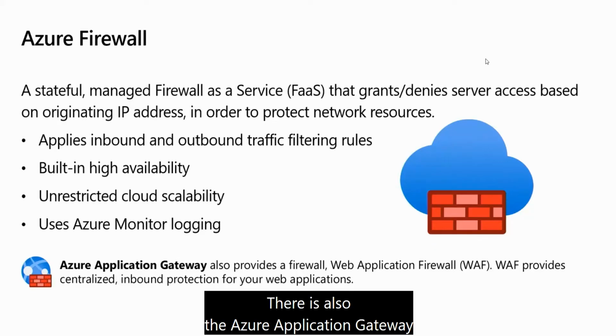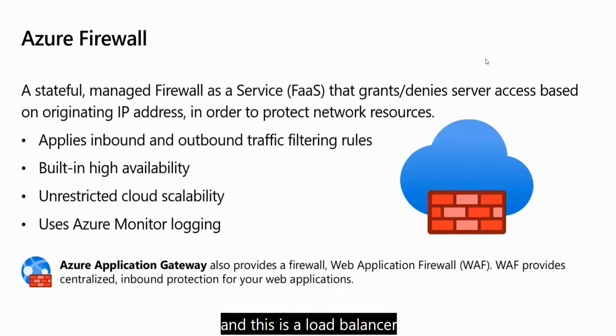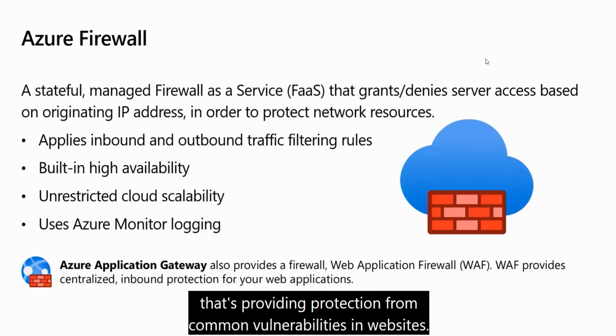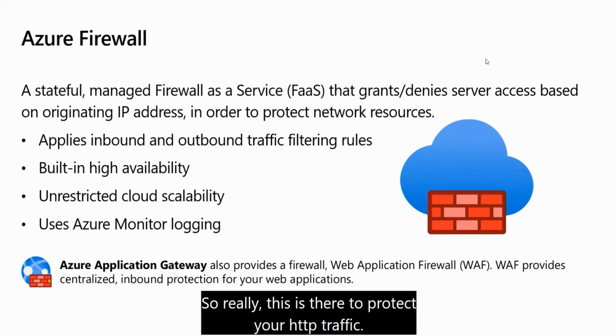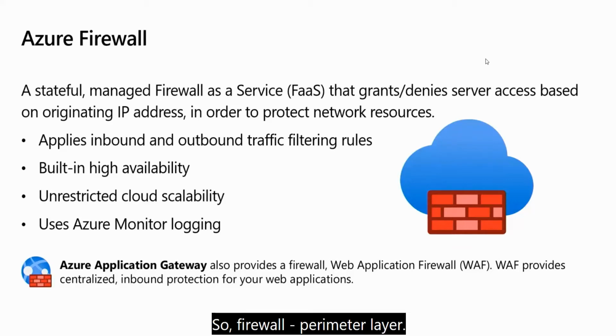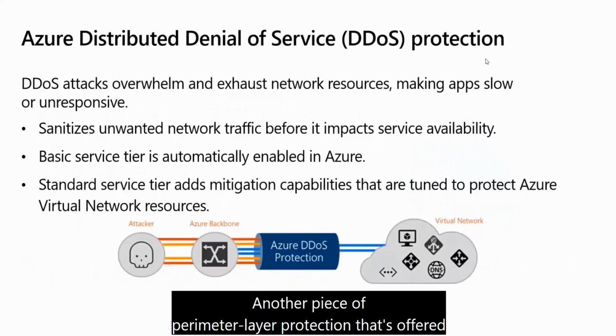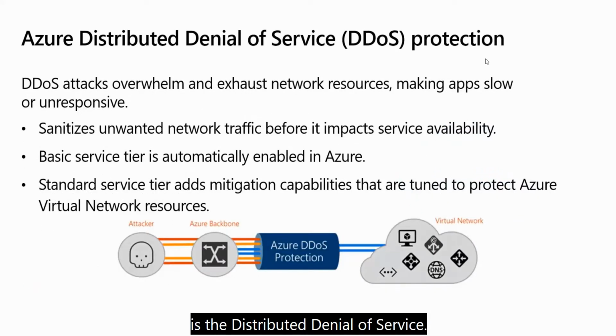There is also the Azure Application Gateway, which is a load balancer that includes a web application firewall providing protection from common known vulnerabilities in websites. So really, this is there to protect your HTTP traffic.